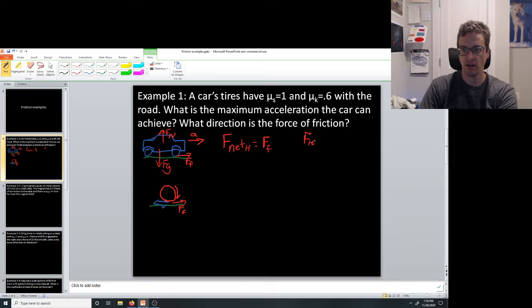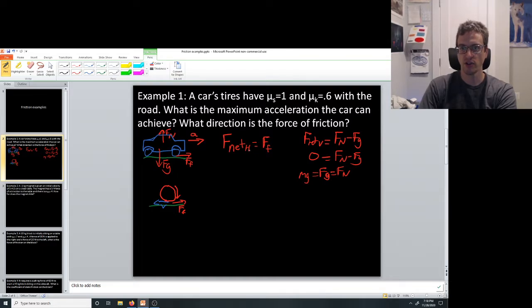And F net vertical is going to be equal to Fn minus Fg. And this whole thing is 0, because it's not moving vertically. So Fn is equal to Fg, or I guess this is equal to mg.